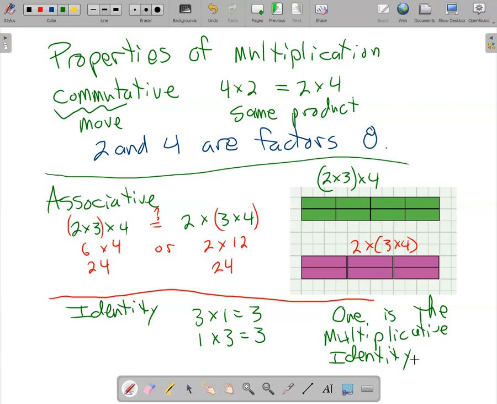Another property like addition is closure. Anybody remember what closure meant? Closure means the answer is the same kind of number that you started with.